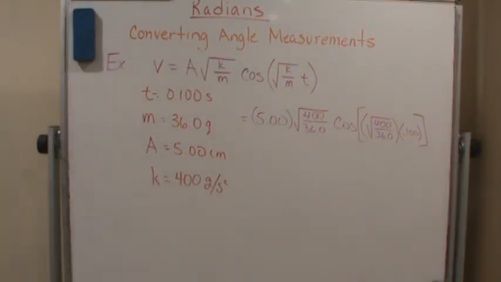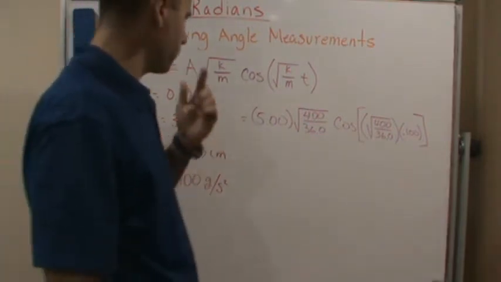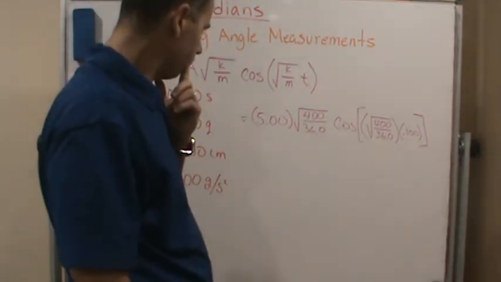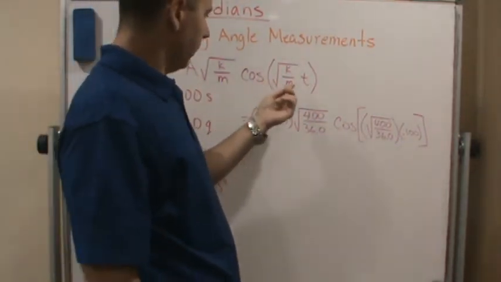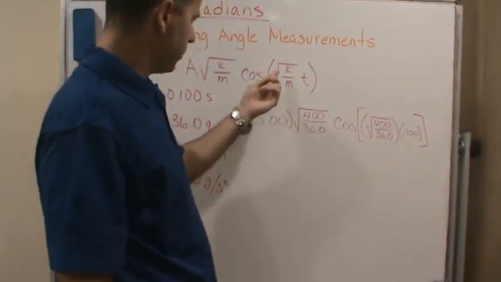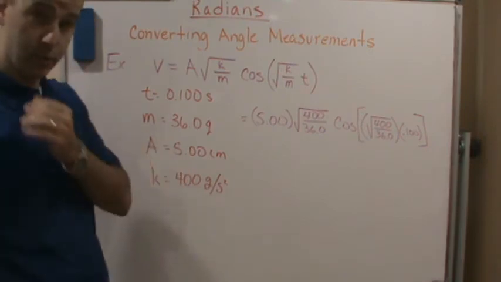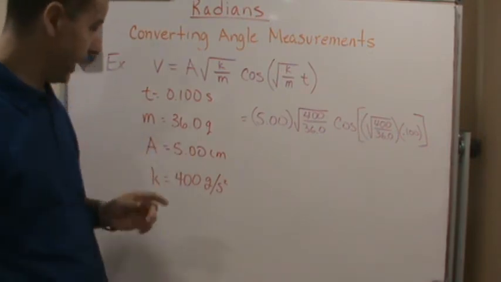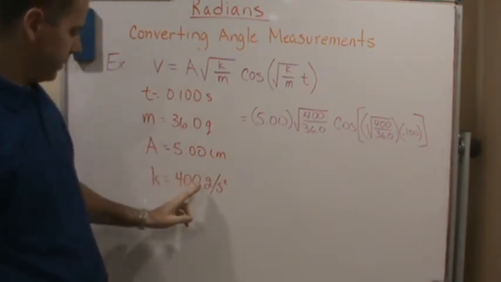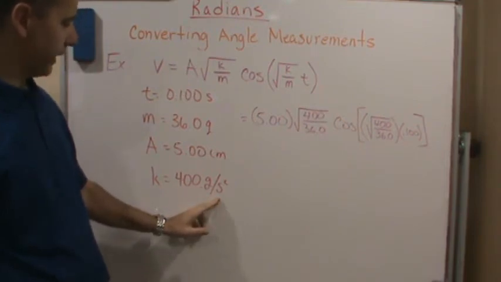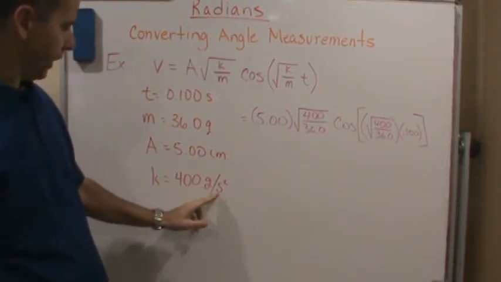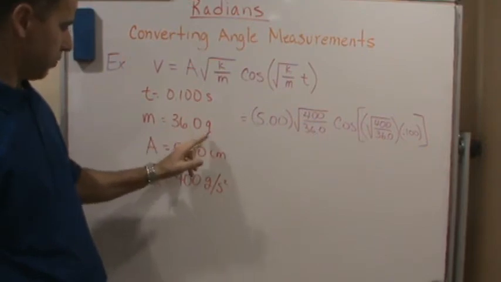What is this angle measured in? Let's do some dimensional analysis here. K is grams per second squared, and mass is grams.